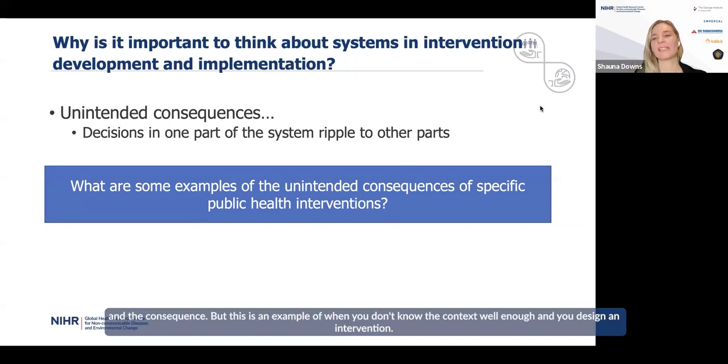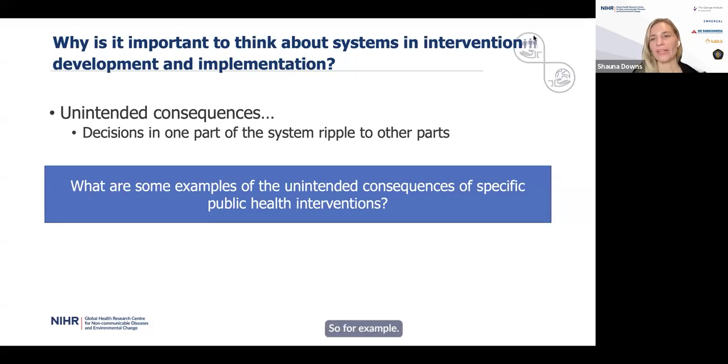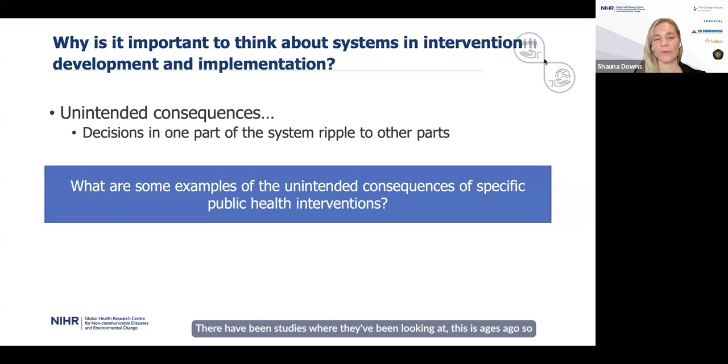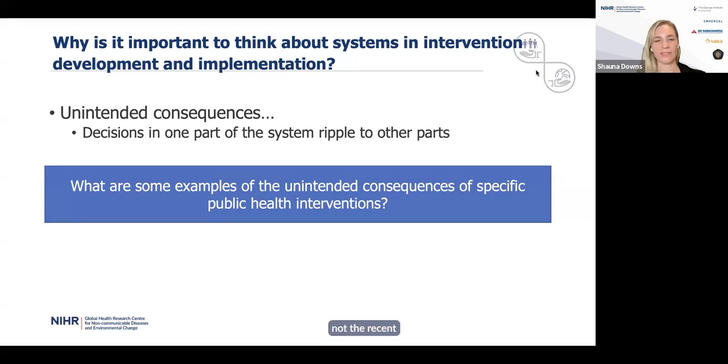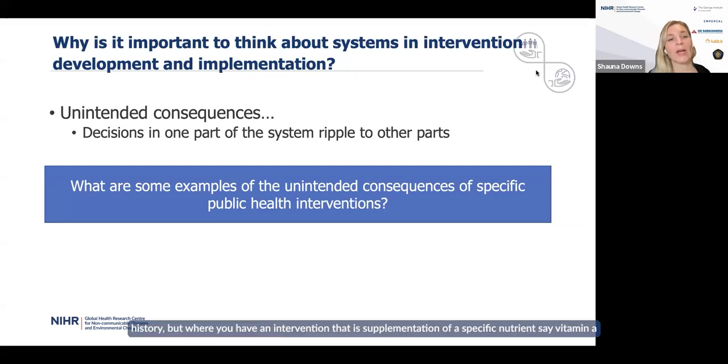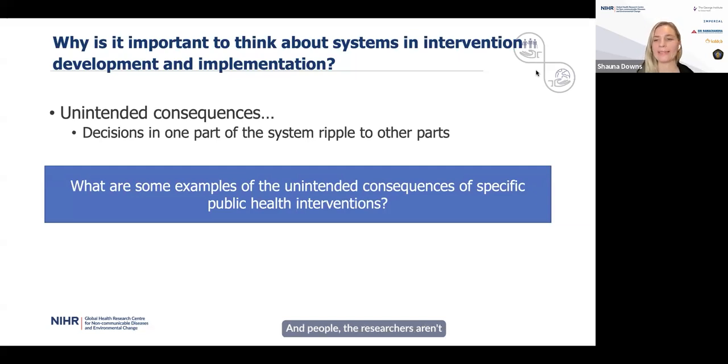This is an example of when you don't know the context well enough and you design an intervention. For example, there have been studies, from ages ago, not recent history, where the intervention is supplementation of a specific nutrient, say vitamin A, and the researchers aren't doing good assessments before designing and implementing the intervention.